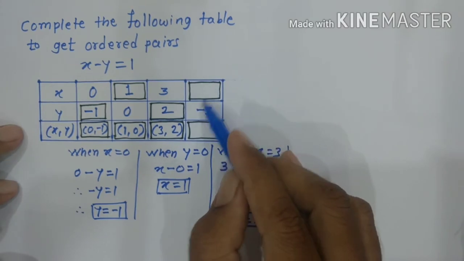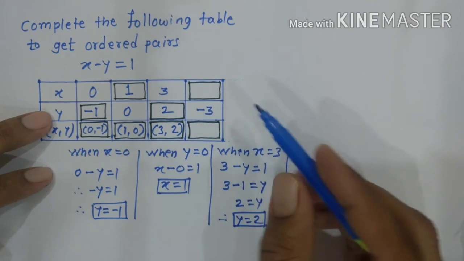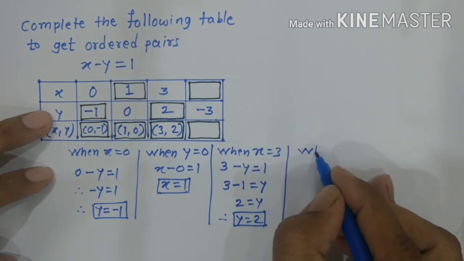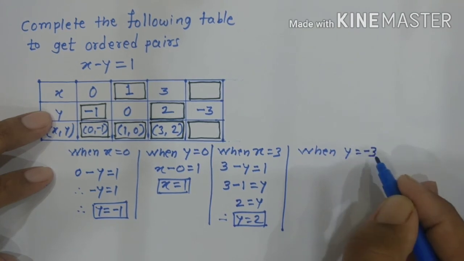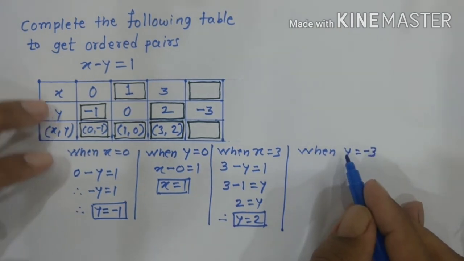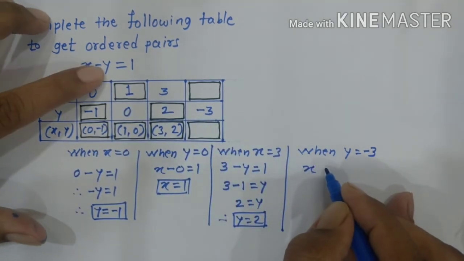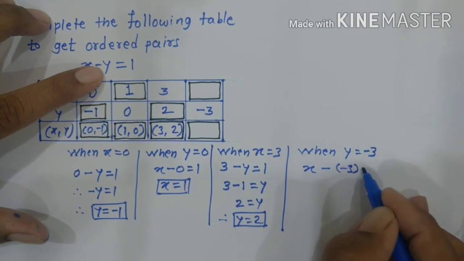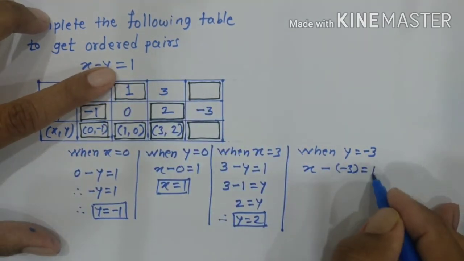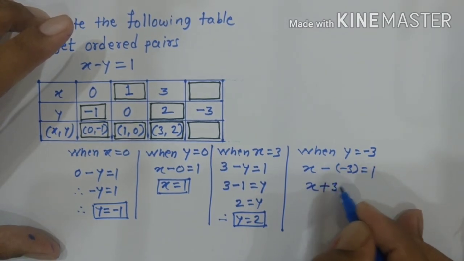Now in the last column, the value of y is minus 3. Therefore, when y is equal to minus 3, put this value of y in the given equation. Therefore, the equation becomes x minus, the value of y is minus 3, equal to 1. x, minus minus becomes plus 3, equal to 1.